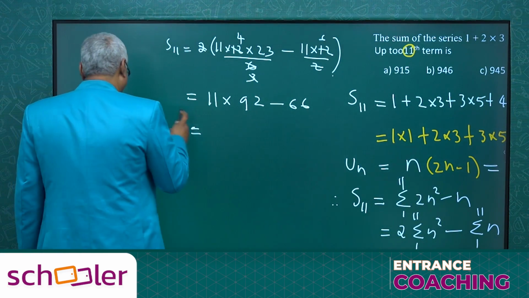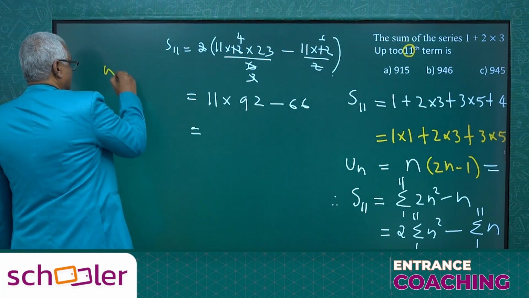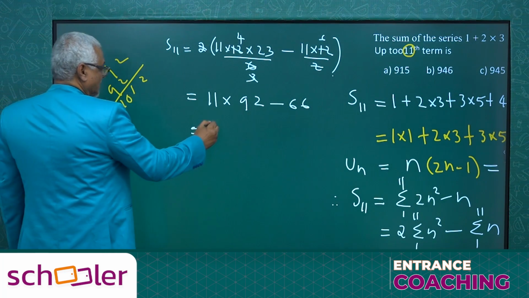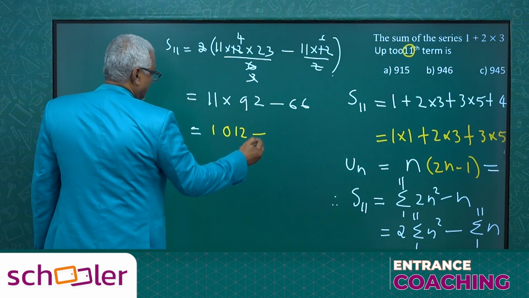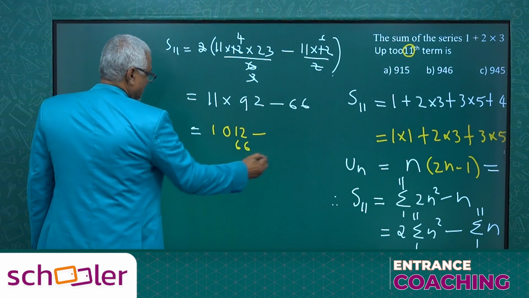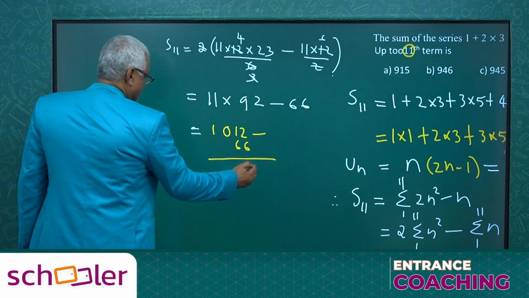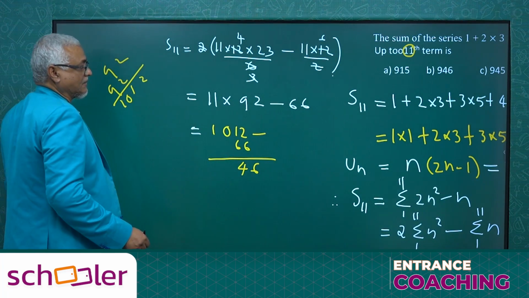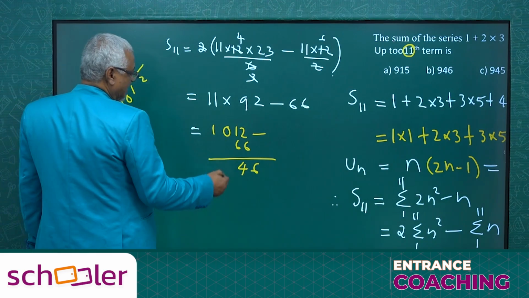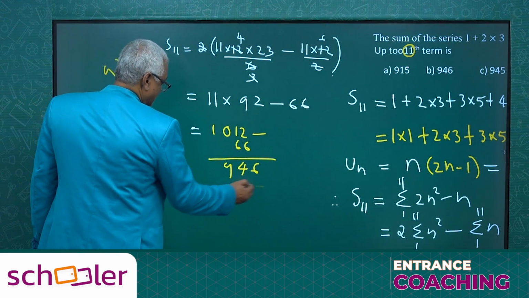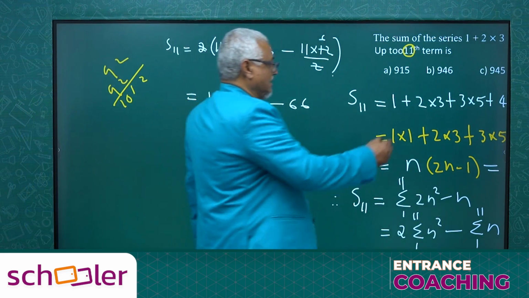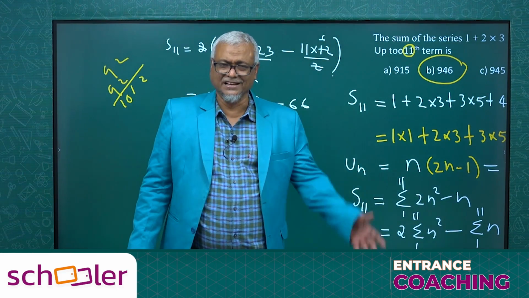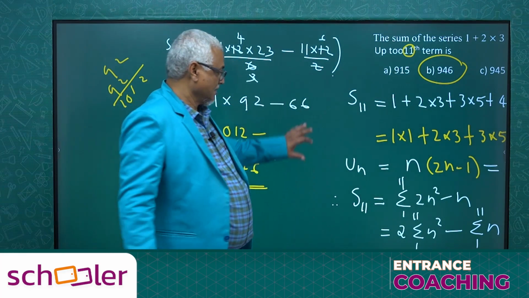What is 92 into 11? Find it. 92, 92, okay, 1012. 1012 minus 66. Okay, 12 minus 6 is 6, 10 minus 6 is 4, then 9. So, the answer is 946. Of course, that is given here, 946. It's an easy question, isn't it? Okay. See, once more.